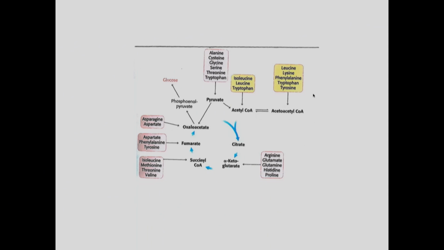And shown here on the slide is basically just a figure from a textbook that contains all of the 20 amino acids from protein and what they generate either in the TCA cycle or up here.